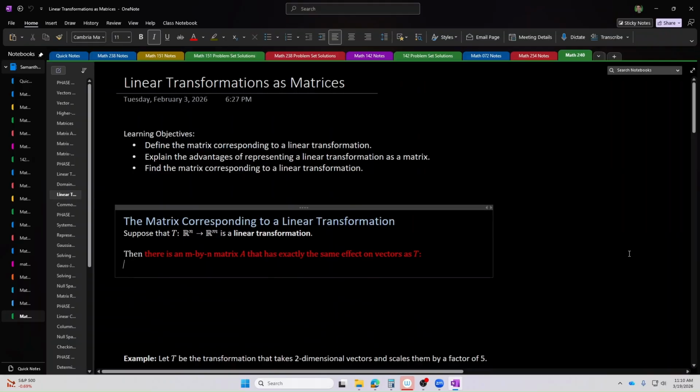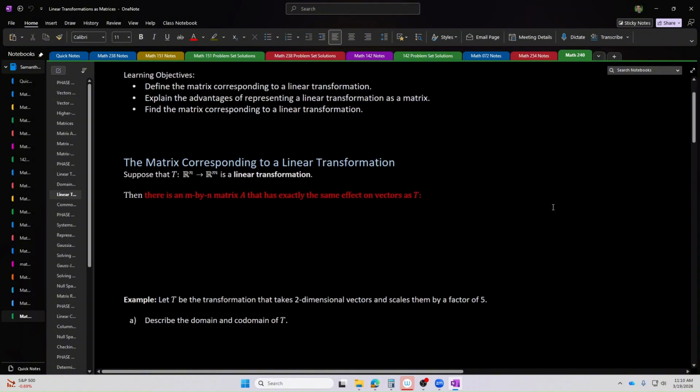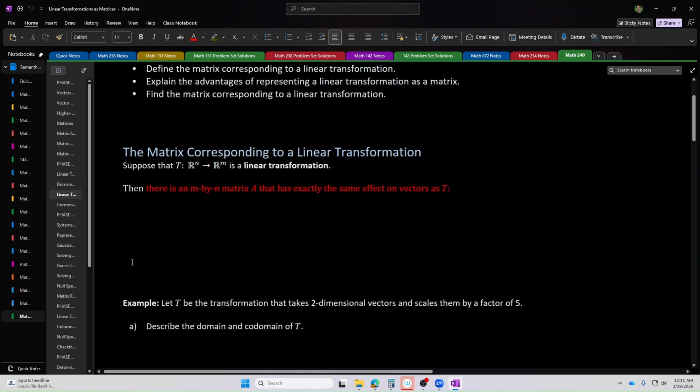So we've said essentially that matrix multiplication can be thought of as a linear transformation. And what we're going to talk about today is that the reverse is true as well. If you have a linear transformation that's turning one vector into a different vector, then you can think about that linear transformation in terms of matrix products.